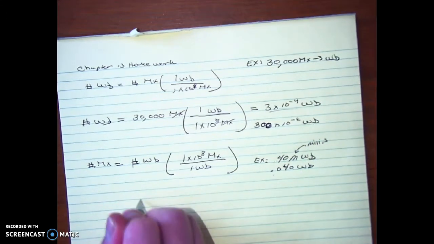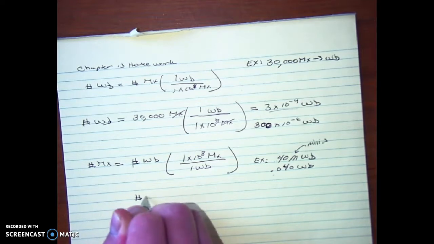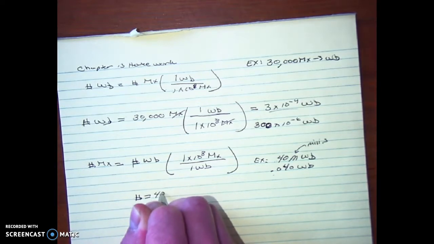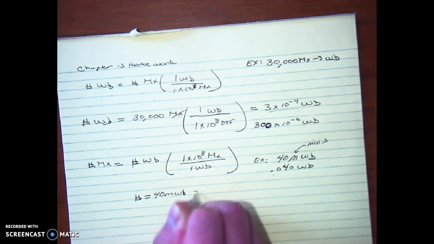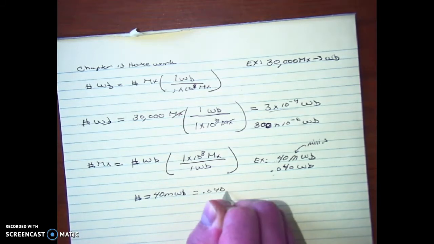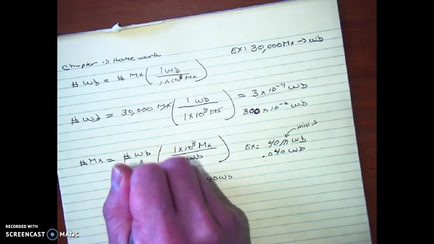So if I do my equation, number of Webers is going to go to 40 milliwebers, or I could put in 0.040 Webers. So I'm going to put in my equation. So that's going to go right into there.